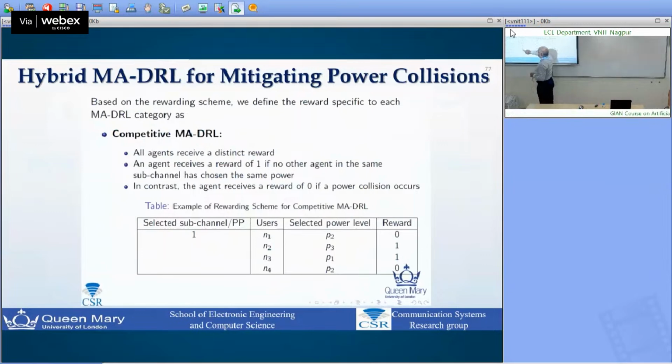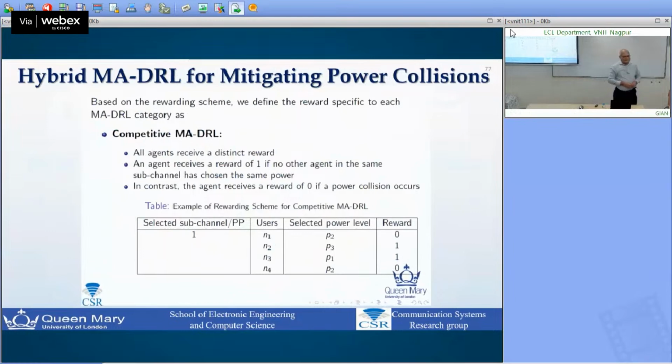User 1 and user 4 select the same power level, P2. In the case of competitive, the reward is for each device irrespective of the other devices. Therefore, for these two the reward is 1, and for this one the reward is 0.